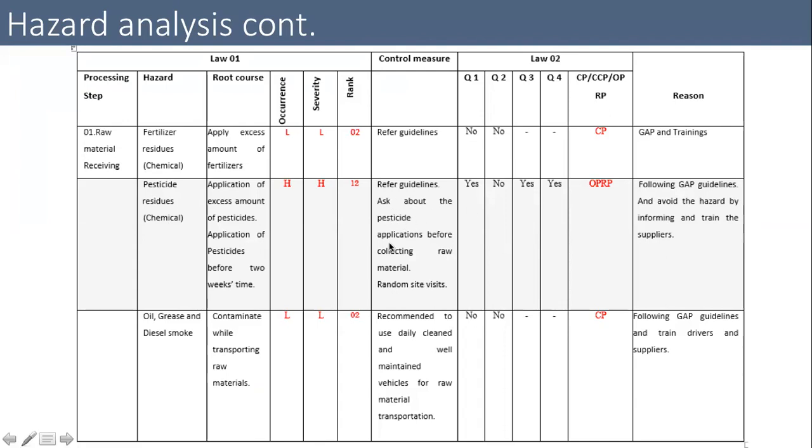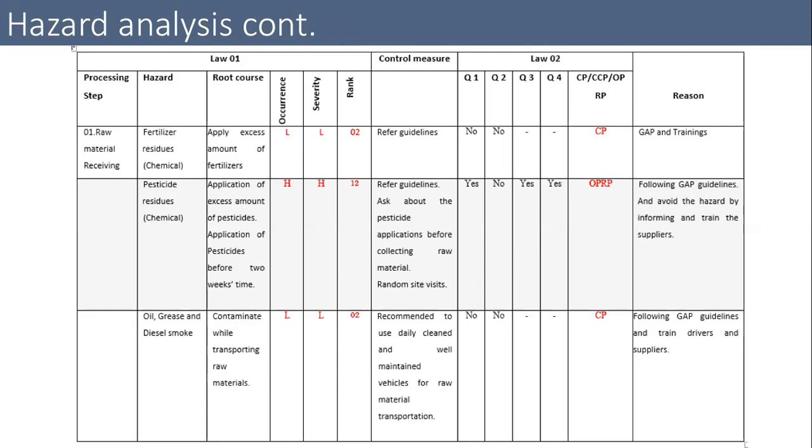Refer guidelines, ask about the pesticide, and according to this tree: yes, no, yes, yes, right? And here you can see I have identified this as an OPRP, not a CCP, but I told you if we increase the value up to 10, then we have to consider it as a CCP. But I have identified this as an OPRP here based on my experience.